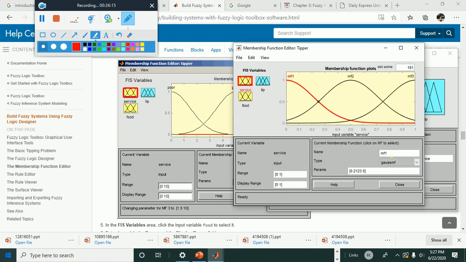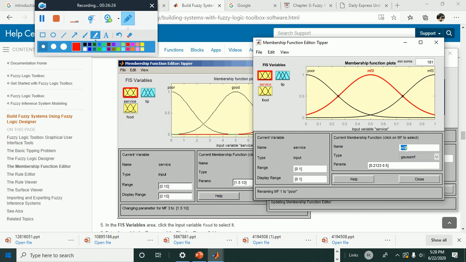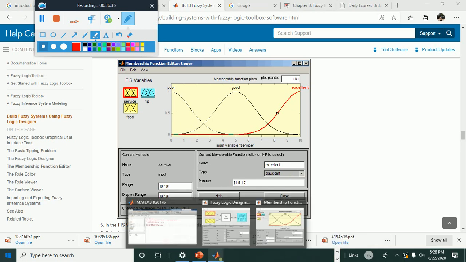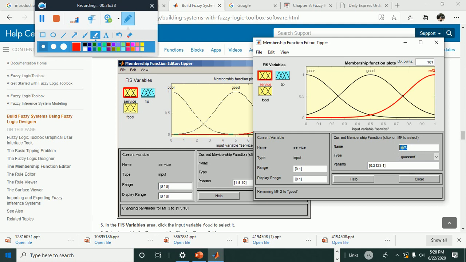So here we have mf1. Now we will name the first one poor, second one good, and third one excellent. So these are the three input membership functions. Now we will close it.